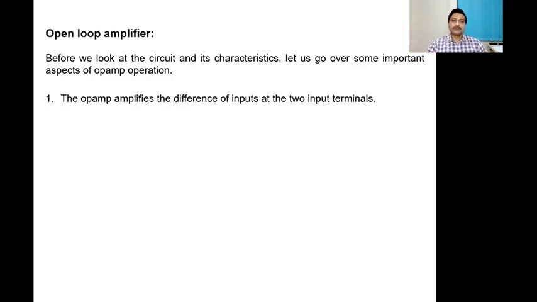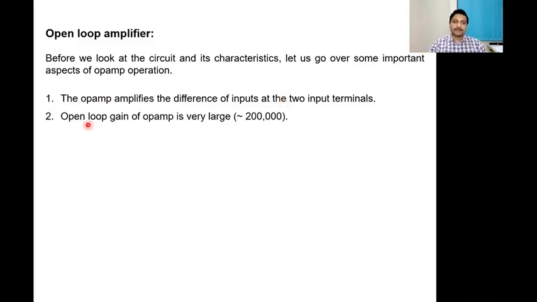First, the operational amplifier, or the op-amp, amplifies the difference of inputs at the two input terminals, right? So that's what an operational amplifier is. Its input stage is a differential amplifier, and the output is basically the amplified signal of the difference of the inputs at the two input terminals.